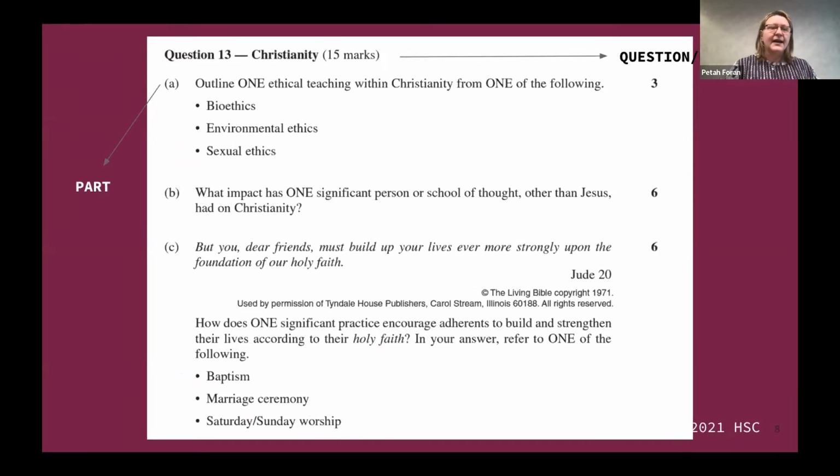A is the part, so you have to answer all parts, A, B, and C, of question 13, which is on, in this example, Christianity. So I hope that's clear. Some students think, oh, well, I'll do A in 13 and I'll do B in 14. No, you have to do all of the parts in each of the questions.